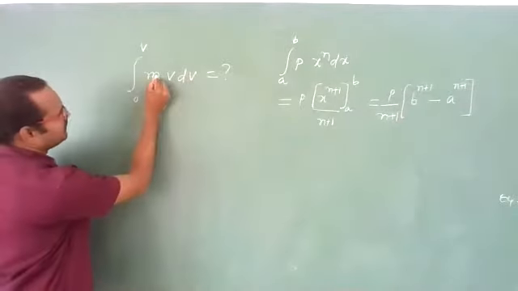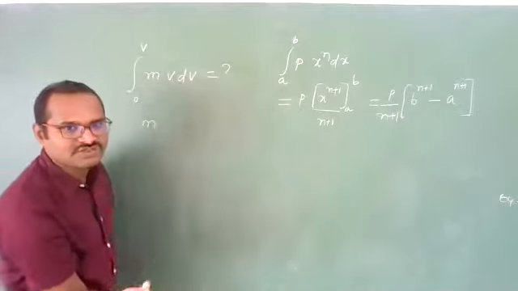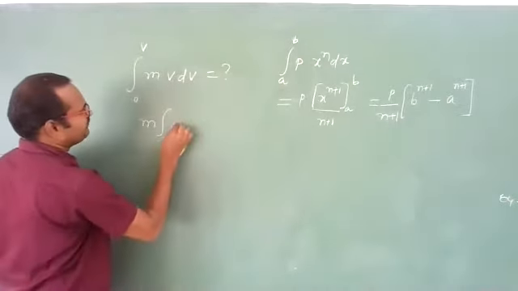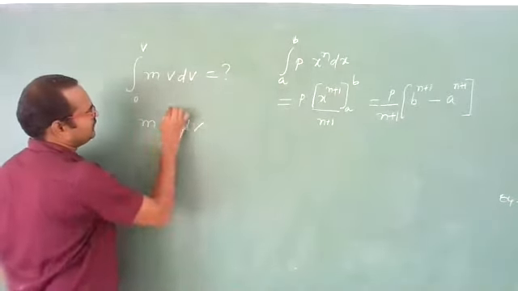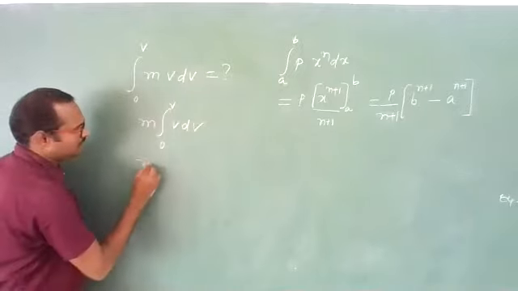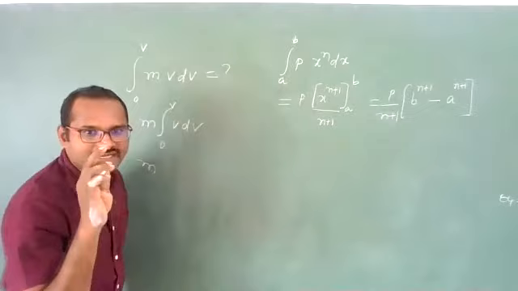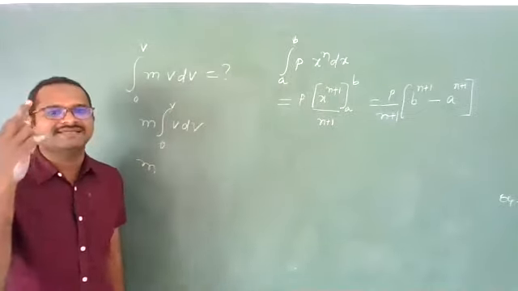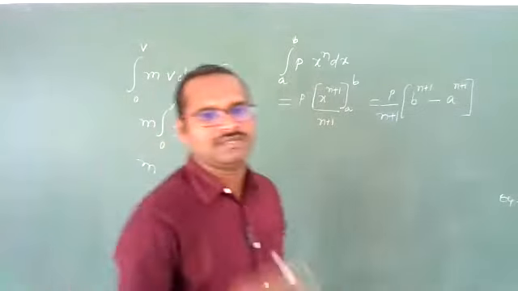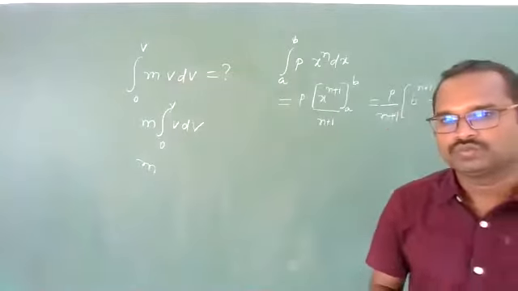Yes. So m is constant, mass is always constant. Integration of v dv from 0 to V, m into integration of v dv. In the power of v, 1 is there, n is 1. n plus 1, 1 plus 1, 2.